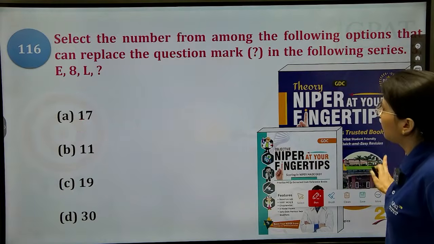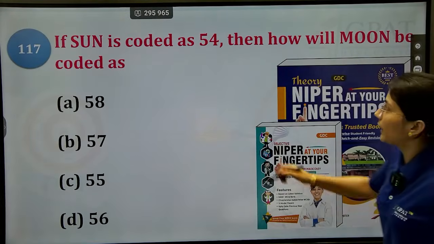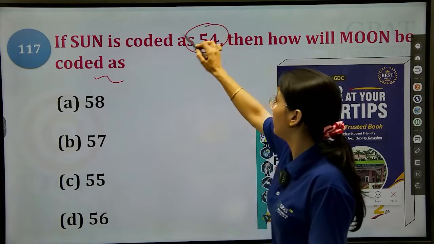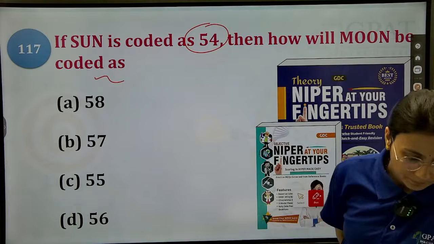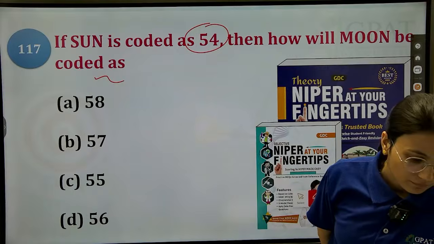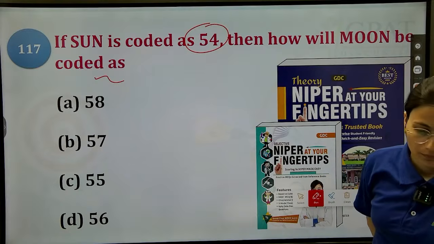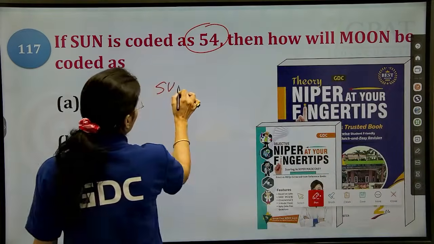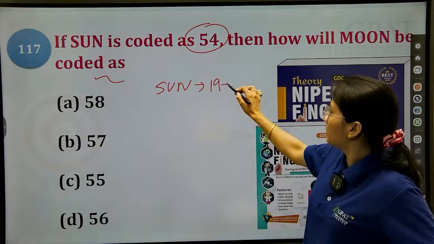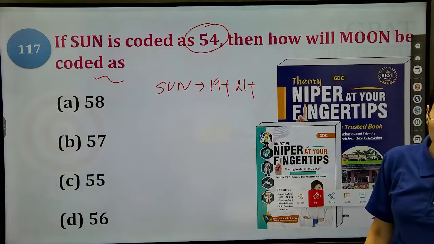That is question number 2 from reasoning. Question number 2 is: if sun is coded as 54, then how will moon be coded? As we know, in SUN, S is in the 19th position, U is 21, and N is in the 14th position.